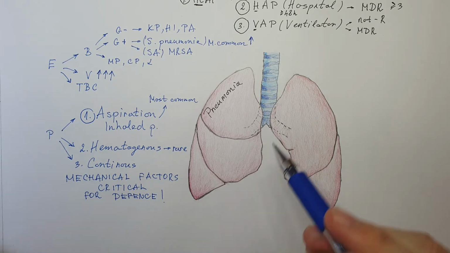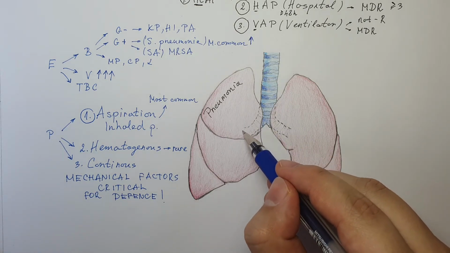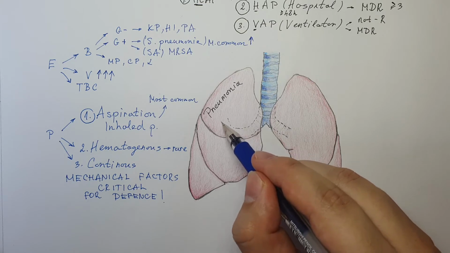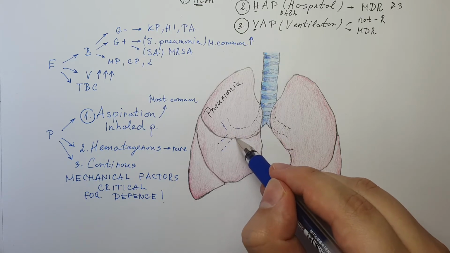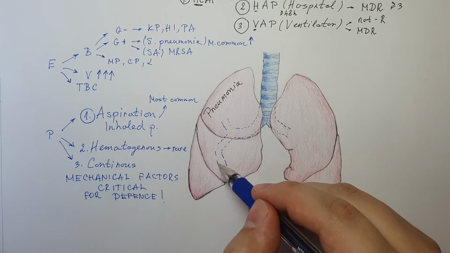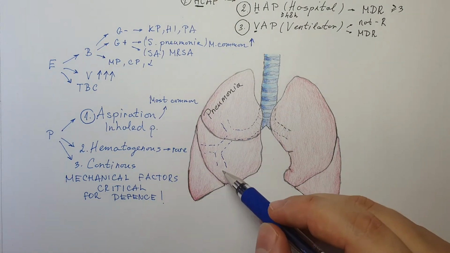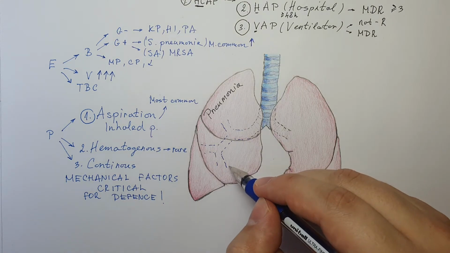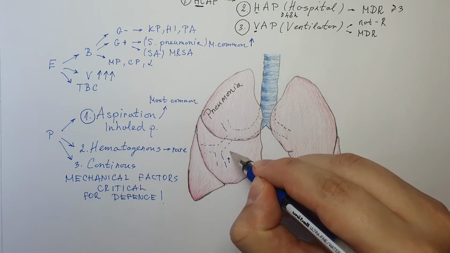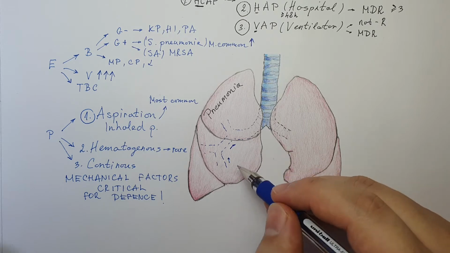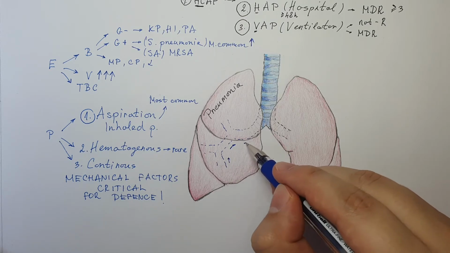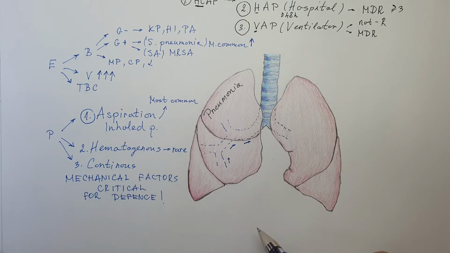These factors are the branching of the bronchial tree. This branching makes it harder for bacteria, viruses and pathogens to get deeper in our respiratory system. Our mucociliary apparatus, which is actually moving the opposite way, trapping bacteria in the mucus and moving them out of the system, is also one element.